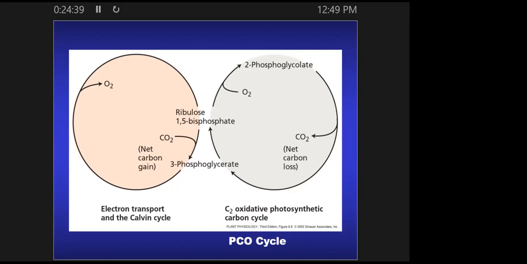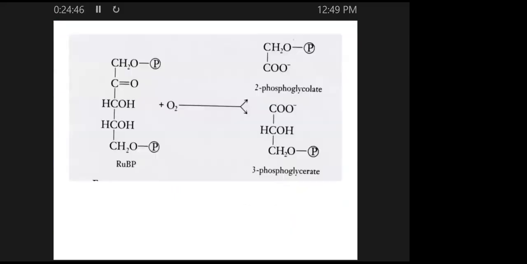You give off CO2. Not good. If you want the visual in the chemical reaction, this is what's happening. So you have the RuBP reacting with oxygen that only gets you 1 PGA, and then that funky 2-carbon phosphoglycolate. Not good. So now that phosphoglycolate has to enter into the cycle. And it's complicated.